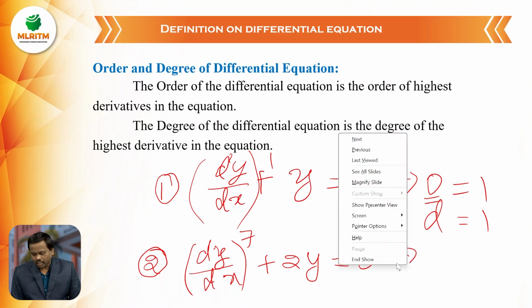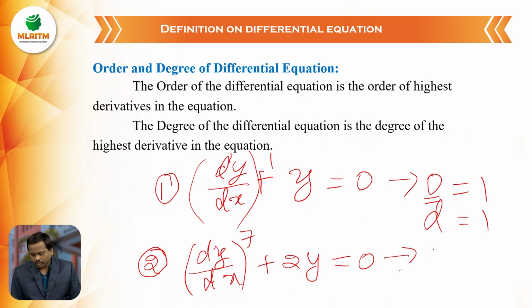Here the order is 1, the highest order derivative present in this equation, whereas the degree is 7. So these are just the basics of differential equations.